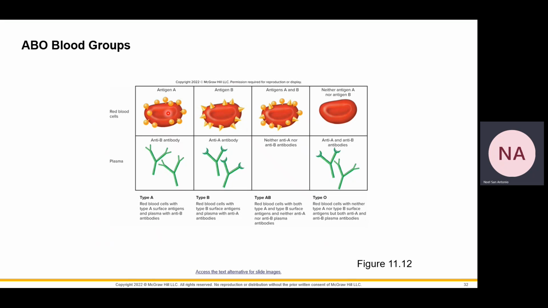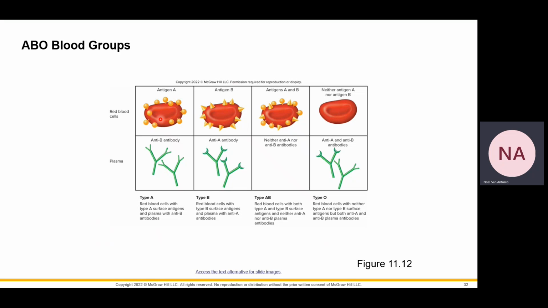So therefore, if you have antigen A on the surface of your red blood cell, then your blood type is type A. If you have antigen B on the surface of your red blood cell, then your blood type is type B. And if you have both antigens on the surface of your red blood cells, then your blood type is type AB. Now, if you do not have any antigen on the surface of your red blood cells, walang antigen A, walang antigen B, then your blood type is type O.